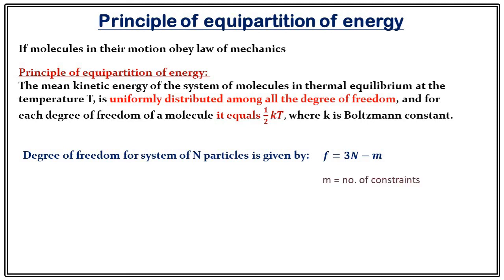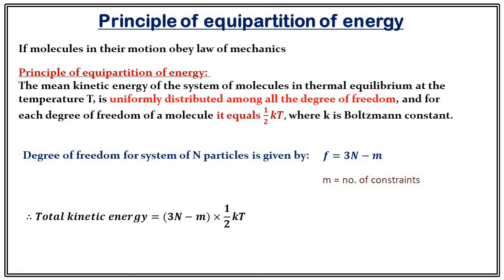Therefore, for such a system the total kinetic energy will be (3n minus m) times half kT. Why? Because each degree of freedom will have half kT amount of kinetic energy. So for F degrees of freedom we will have total kinetic energy (3n minus m) times half kT.